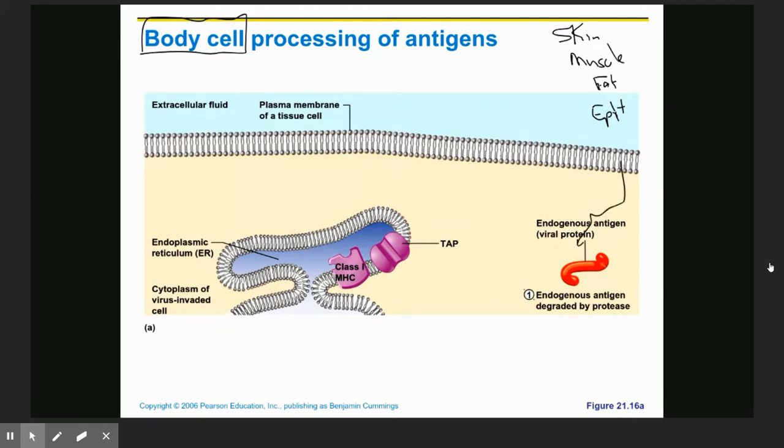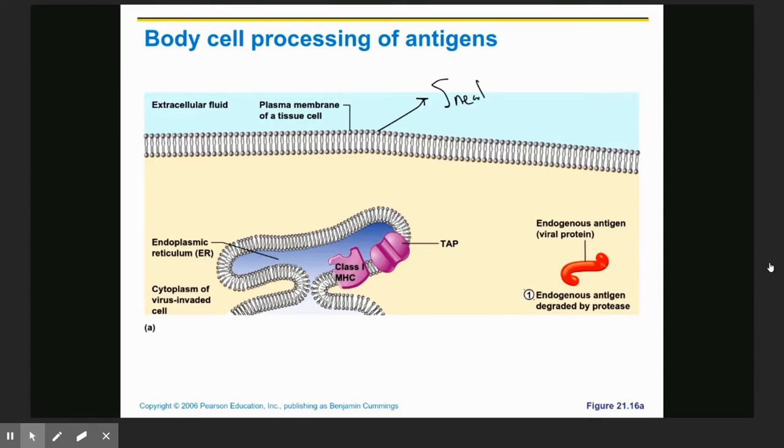Something has gotten inside and it's going to take over this cell. It's either going to eat it sort of from the inside out, or it's going to turn it into some sort of virus factory or something like that, but it's going to take over. But before that happens, this plain old normal body cell is going to do something sort of sneaky.